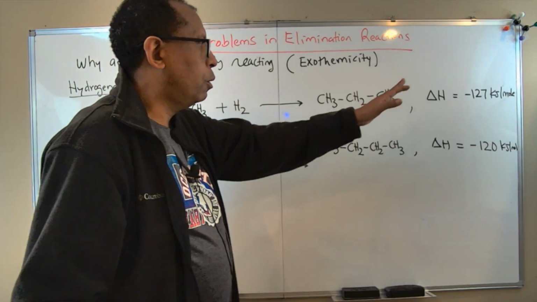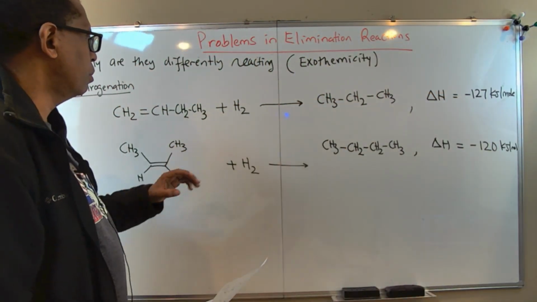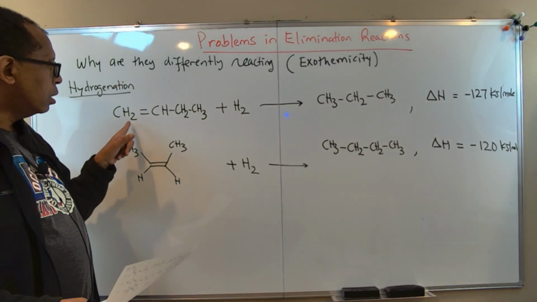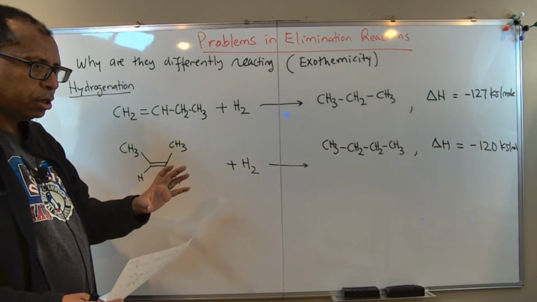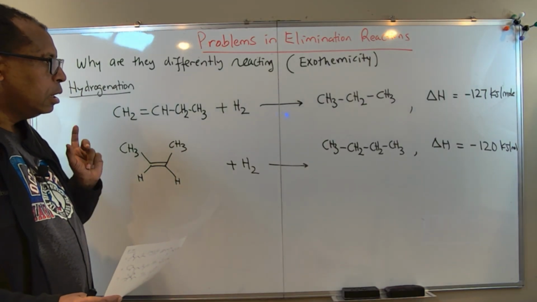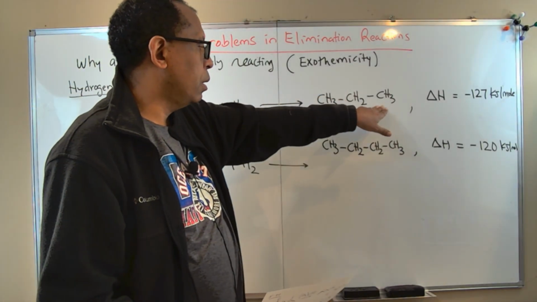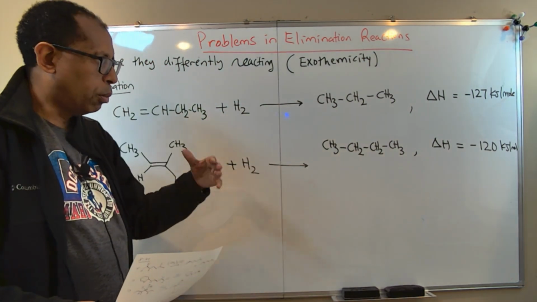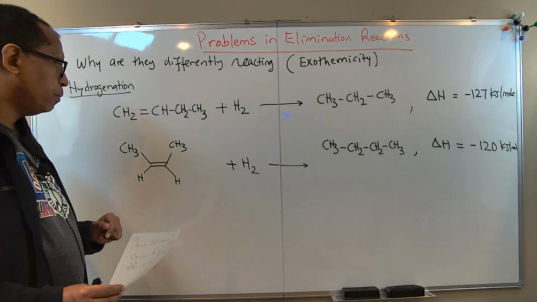You don't have to know all these numbers, but if somebody asks you, this alkene and this alkene are subjected to the same hydrogenation reaction condition, justify why one is highly exothermic, meaning it reacts more spontaneously than this one. Both react, but one is more exothermic than the other.